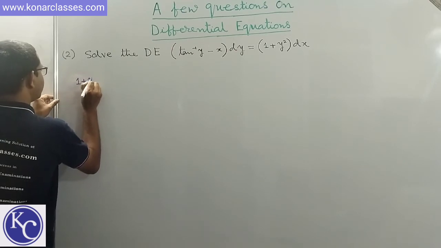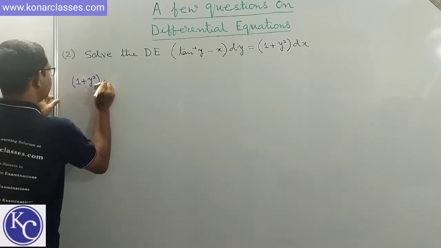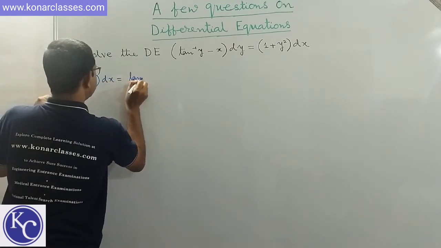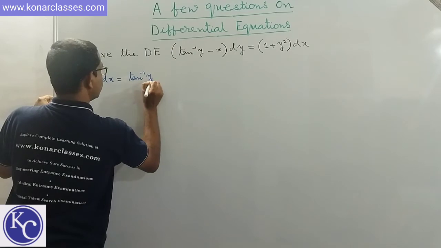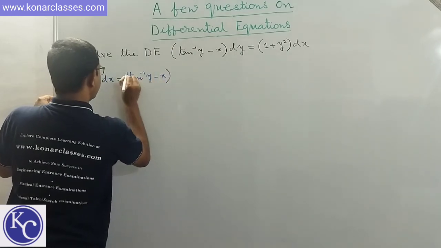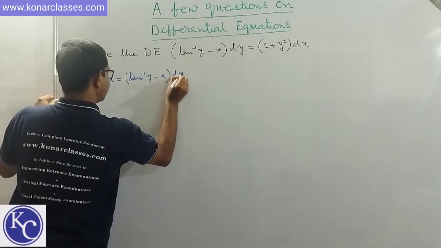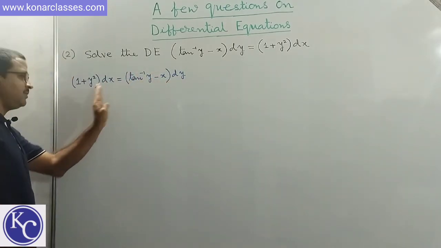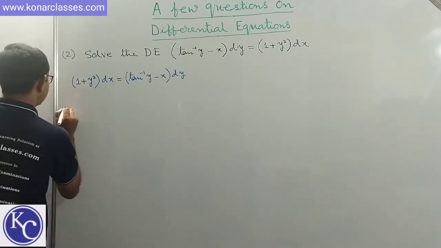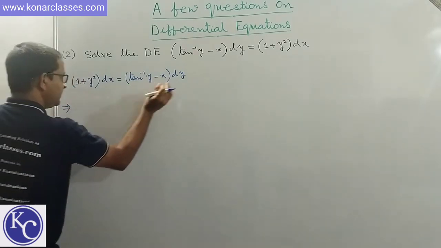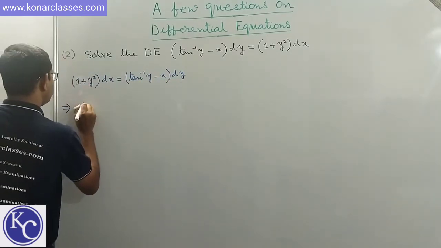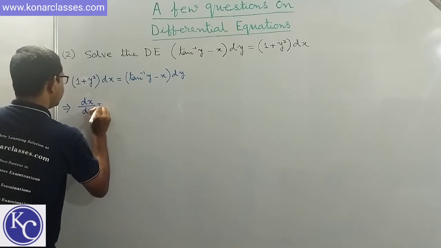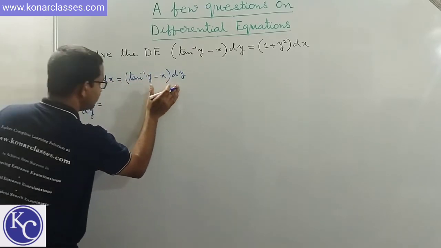1 plus y square into dx is equal to (tan inverse y minus x) into dy. Let's do one thing. Let's divide both sides by dy and 1 plus y square. In simple terms, let's take this dy here, that means it becomes dx by dy, and let us take this 1 plus y square to the right hand side.